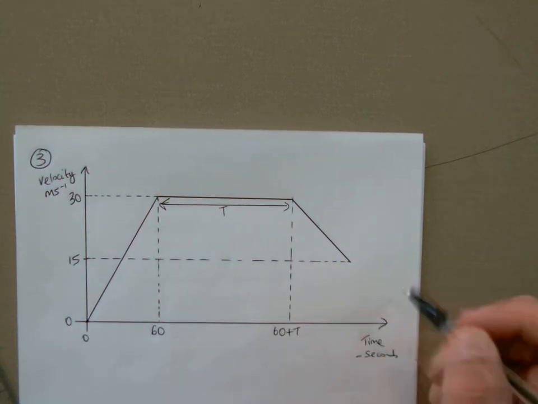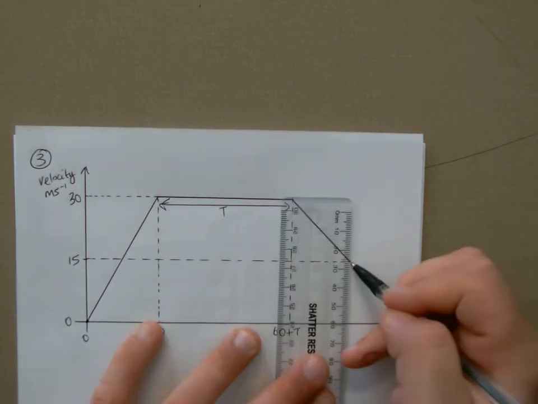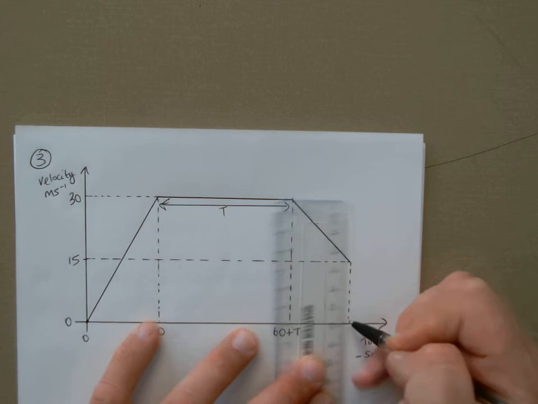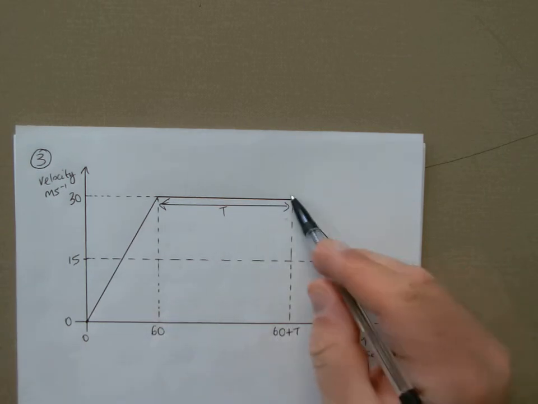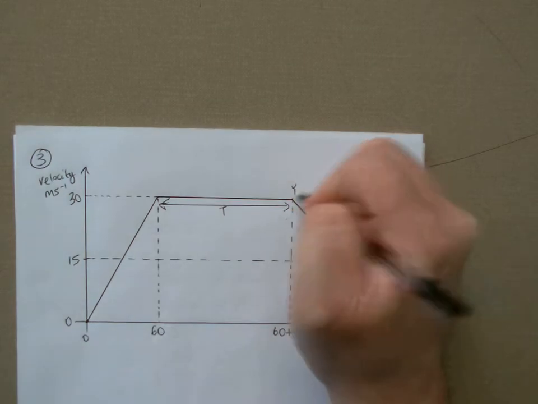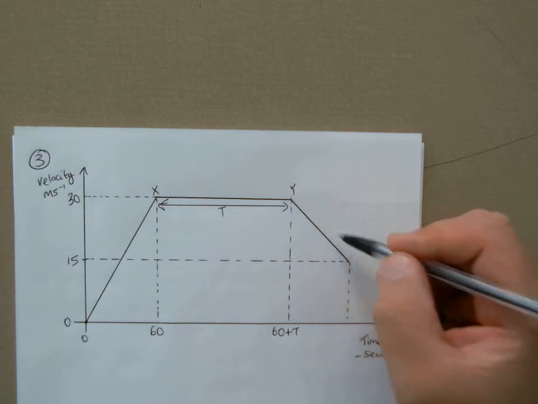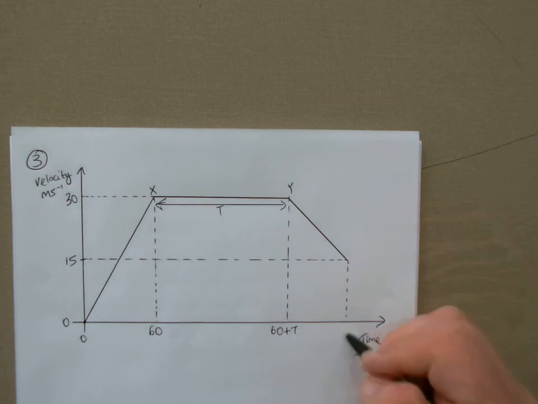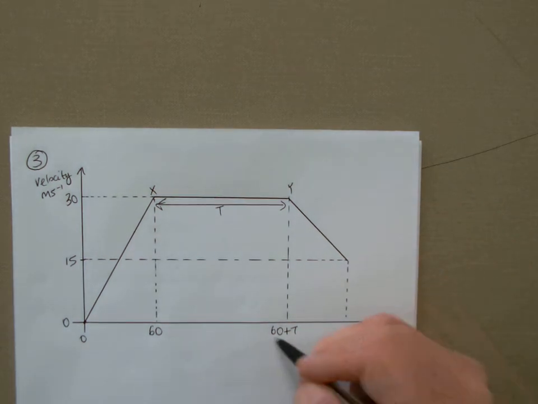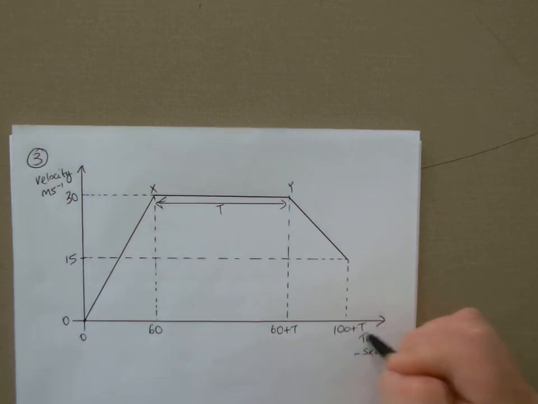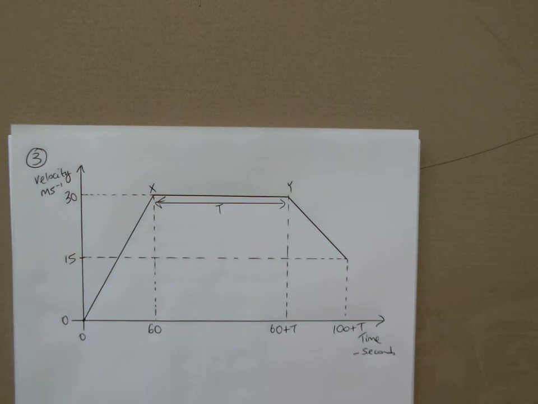But we do know that it applies the deceleration for 40 seconds when it gets to point Y. We can note that there if you want. When it gets to point Y, it's going to be 40 seconds slowing down until it gets through station B. So if I add 40 onto that, that's going to be 100 plus t. So there's my velocity time graph there.